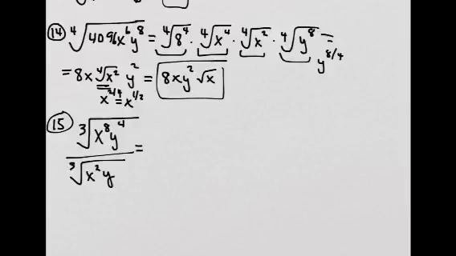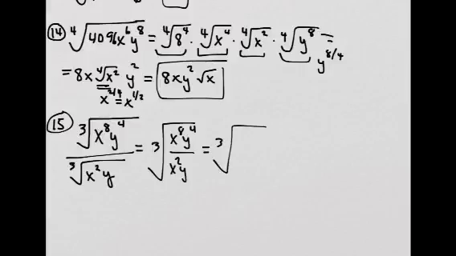Alright, since they both have 3 as their index, I'm going to write it as one big cube root, like that. And then remember, when you're dividing, you subtract the exponent. So for the x, it's 8 minus 2. And then for the y's, it's 4 minus 1.